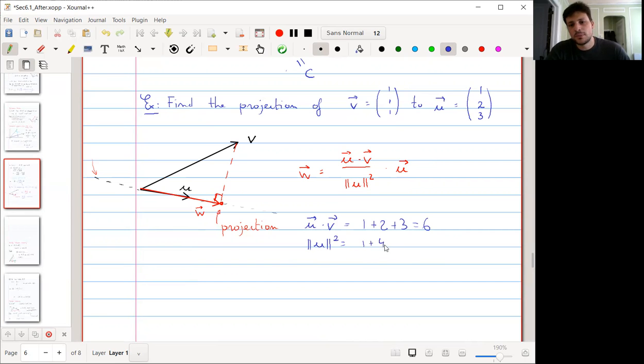So that's 1 plus 4 plus 9, which is 14. And therefore, w is given by 6 over 14 times u, which is (1, 2, 3). We can simplify this a little bit, but we can also leave this answer. That's our projection w.